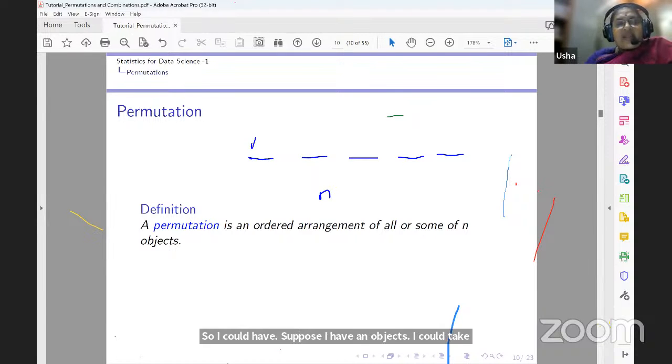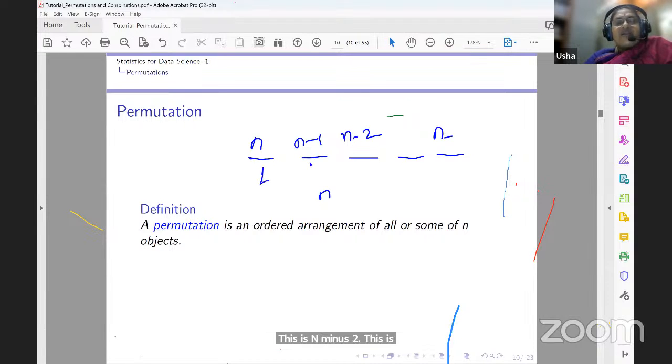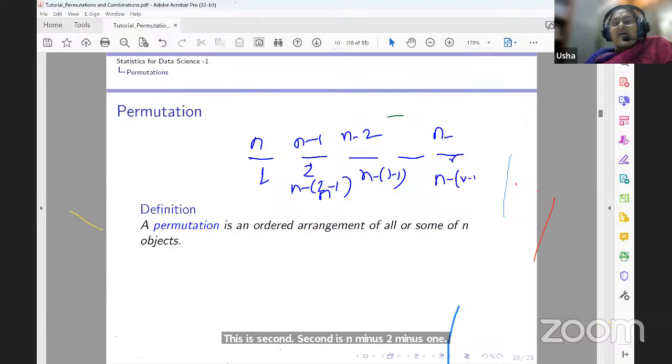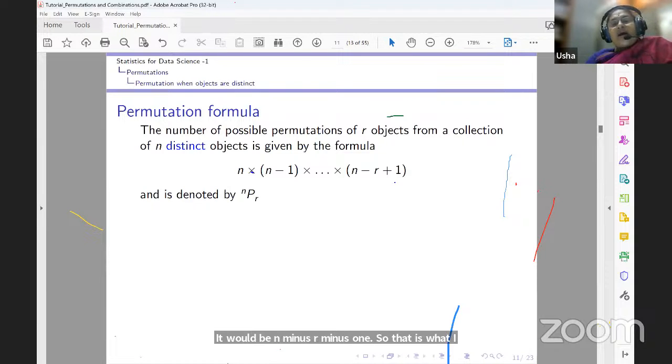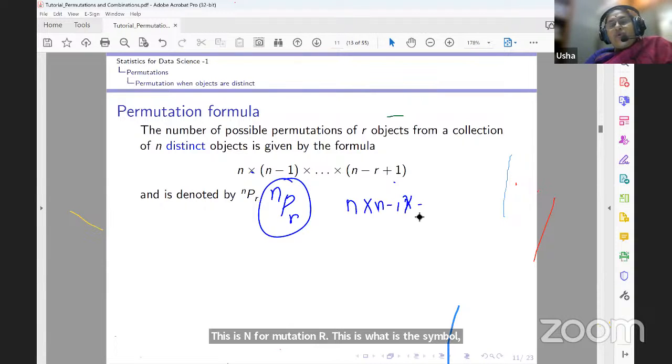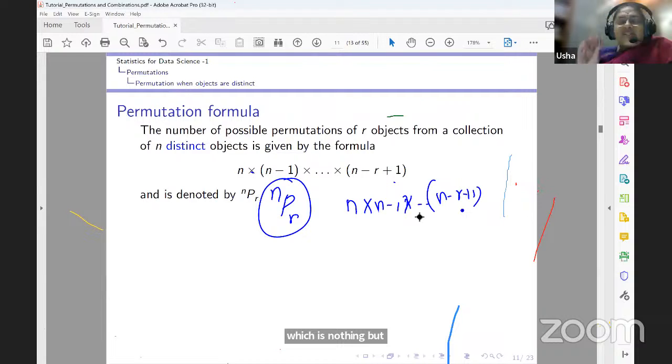I have n ways of doing the first one, then n minus 1, then n minus 2, and so on. So what would be the rth way? It would be n minus r plus 1. That is what I call n permutation r, which is n into n minus 1 up to n minus r plus 1. Is this clear?